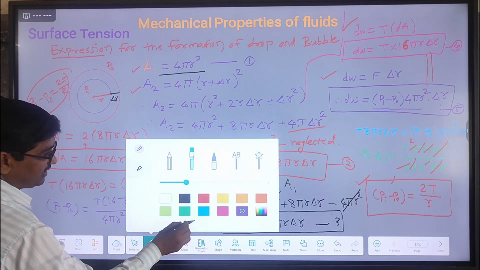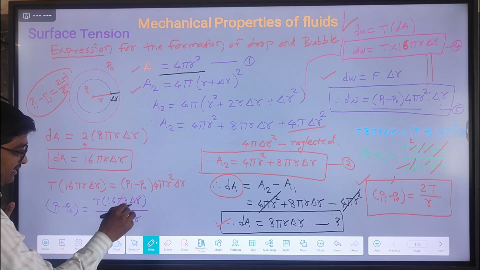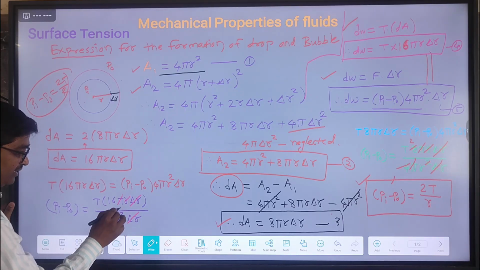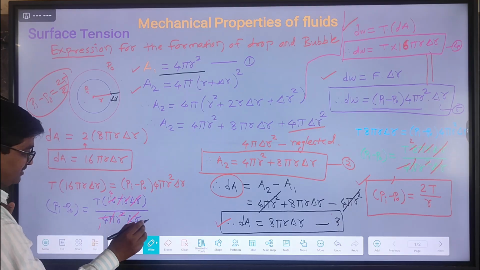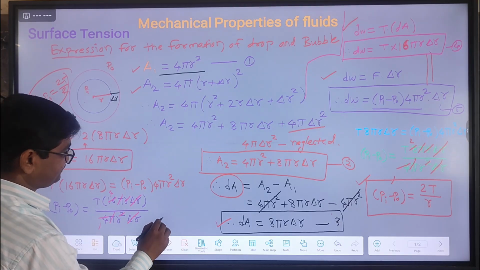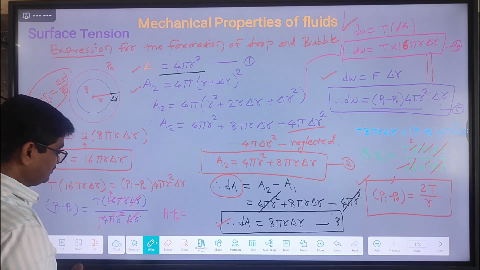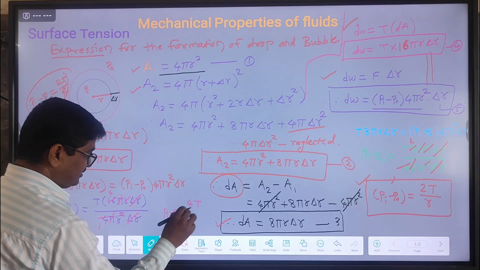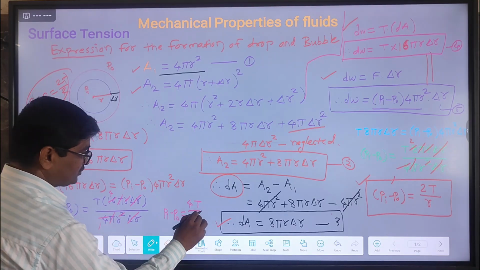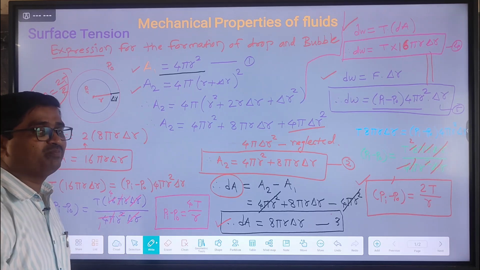Which terms are cancelled? Pi is cancelled, delta r is cancelled, one r is cancelled, and 4 times 4 is 16, so 16 divided by 4 gives 4. So we get the excess pressure Pi minus Po equal to 4T divided by R. So this is the expression for the formation of a bubble.